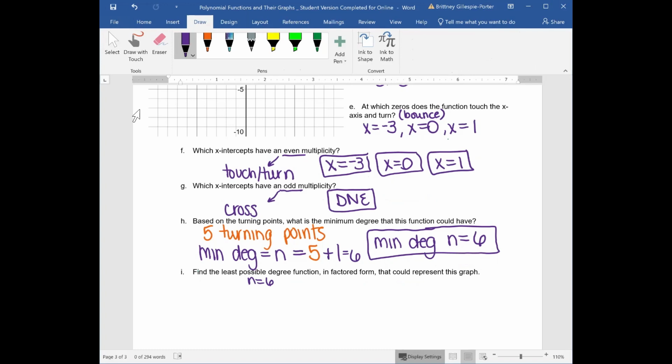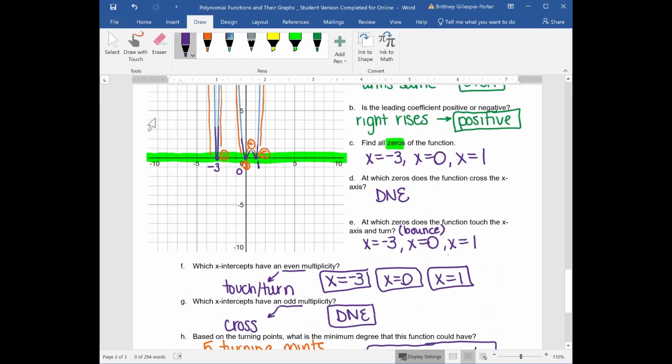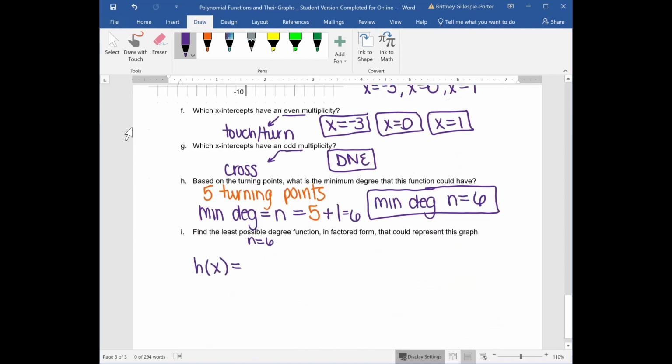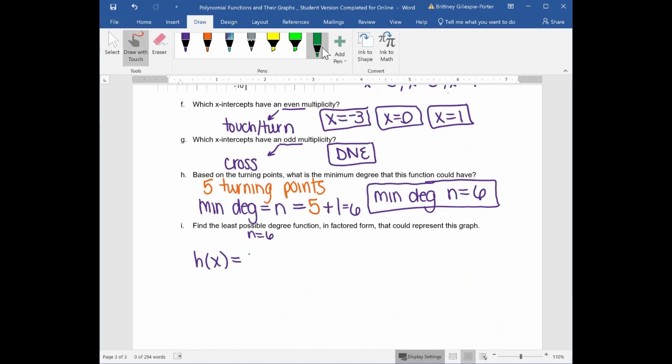So let's name our function. I already had p of x and f of x, so this time I'm going to use h of x. We said that we needed a positive leading coefficient in part B because the right side rises. So I'm going to have a 1 for now.